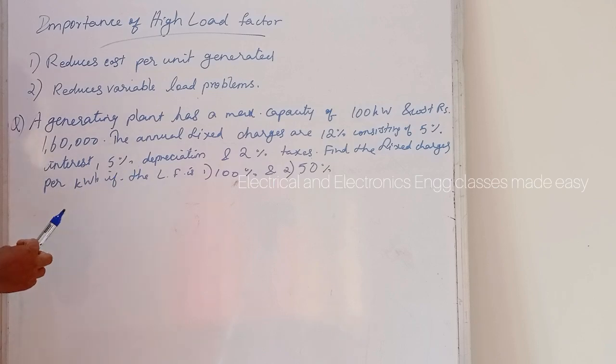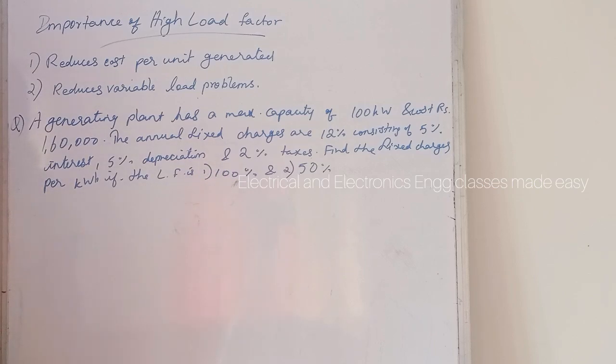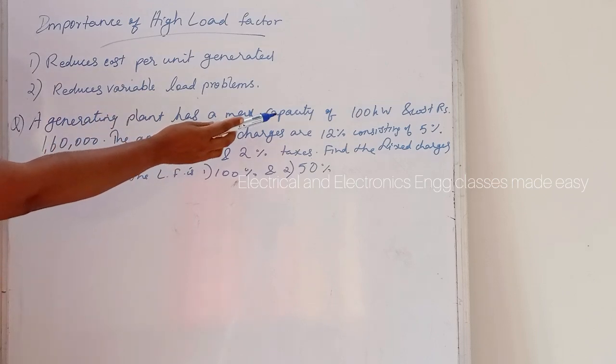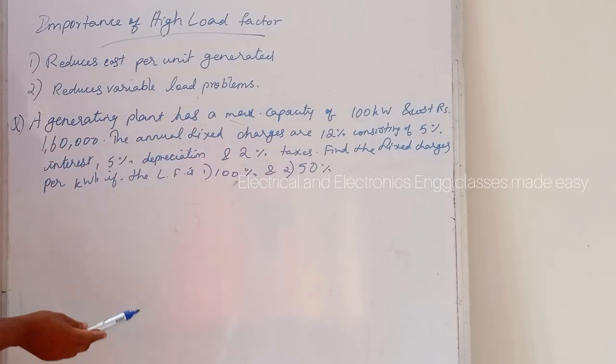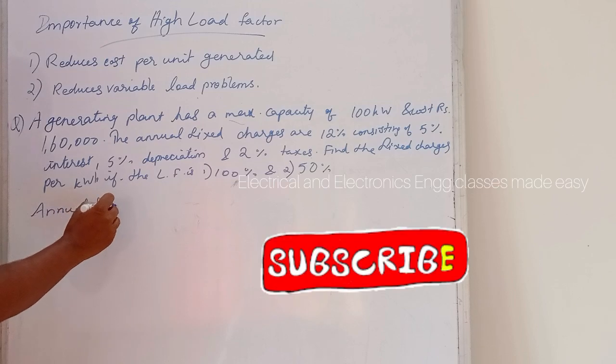Find the fixed charges per kilowatt hour if the load factor is 100% and 50%. So here it is given that maximum demand is 100 kilowatt and annual fixed charges. So we have to find annual fixed charges.